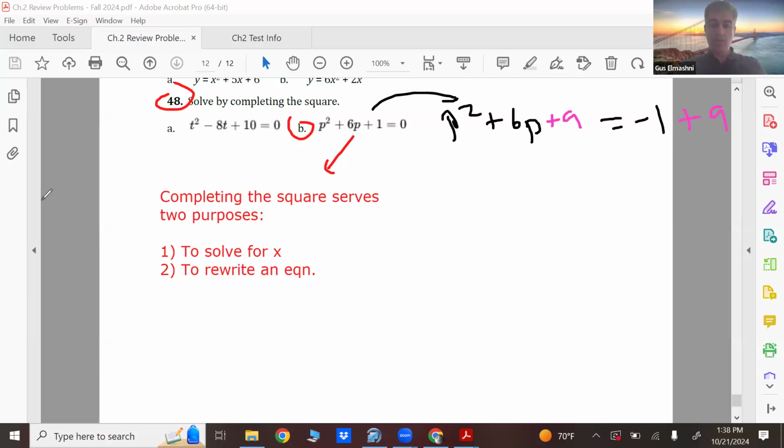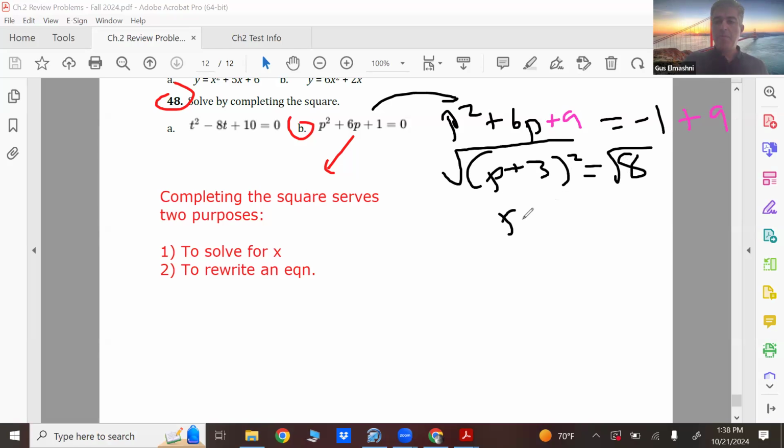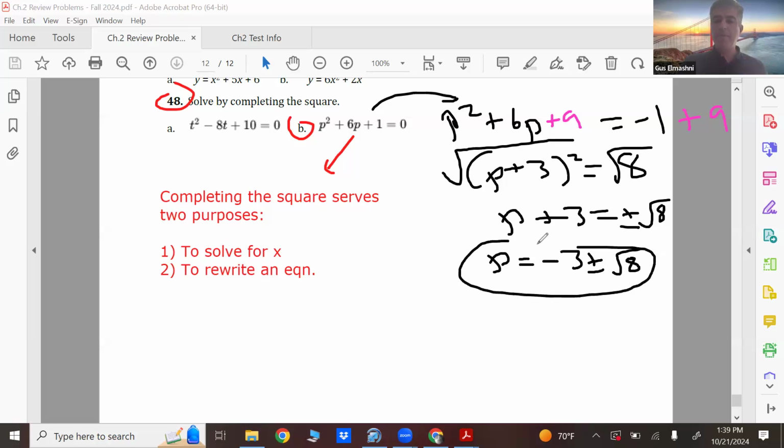So now we get (p + 3) squared. The whole purpose is to write it like a nice tight binomial. And then if I square root to solve it, p + 3 equals plus or minus √8. P equals -3 plus or minus that, which is really no different than quad form. Quad form will get you the same thing, which you remember from a long time ago. So that would be the solve for x.